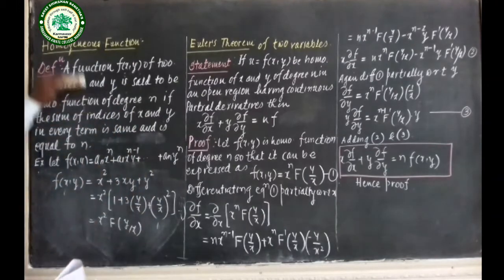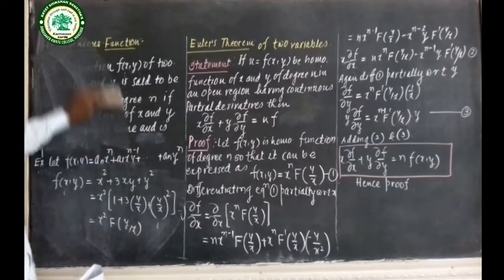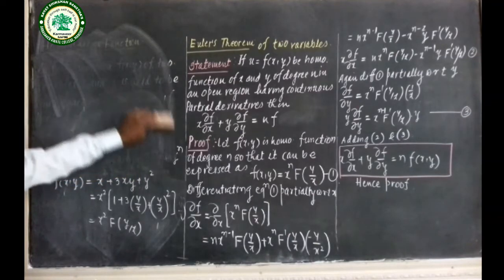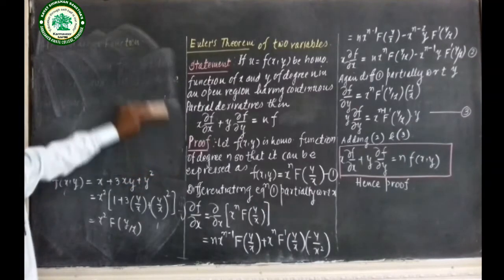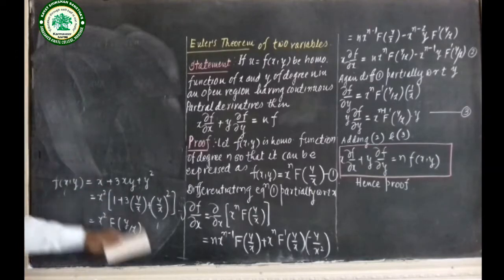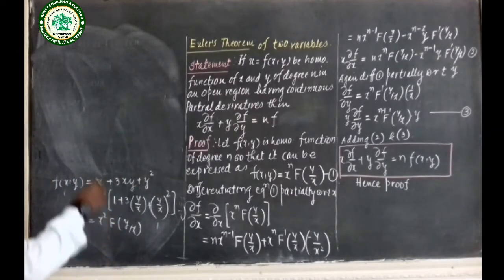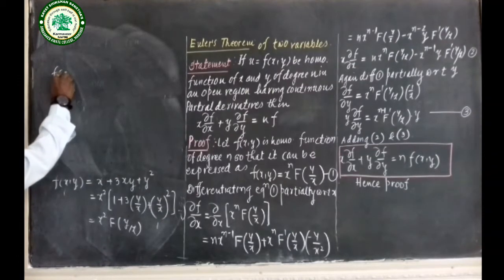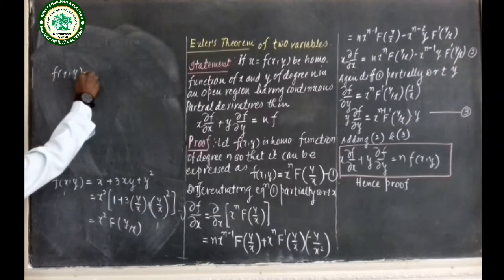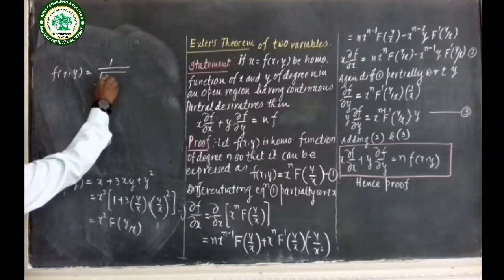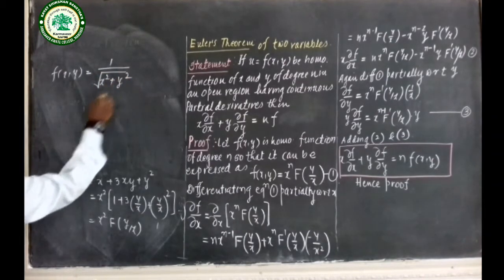You can take a homogeneous function in another form also. How do we find the degree of that function? We take a simple example here. Suppose f(x,y) is equal to 1 upon root of x square plus y square.